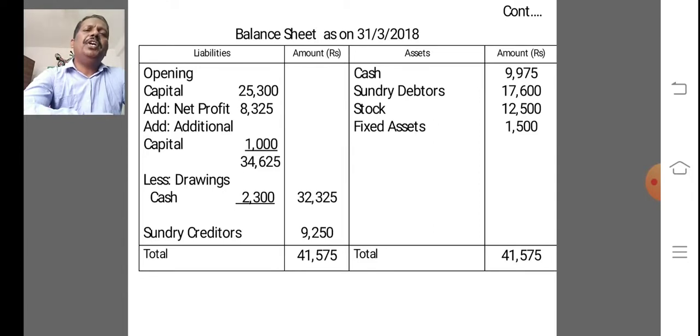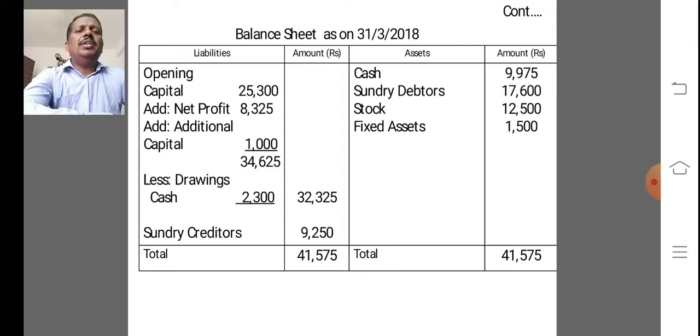Add net profit 8,325. Add additional capital 1,000. Total balance is 34,625. Less drawings, cash drawings 2,300. We finally got 32,325.